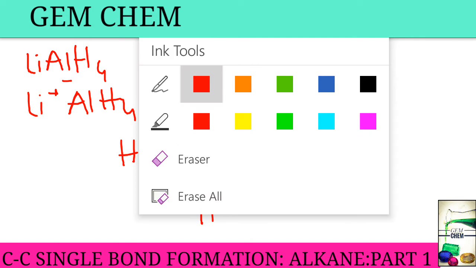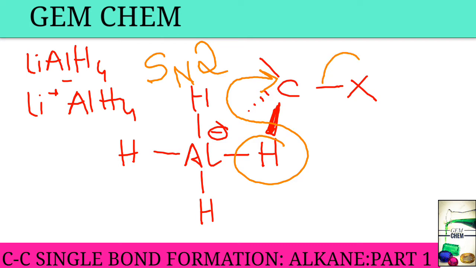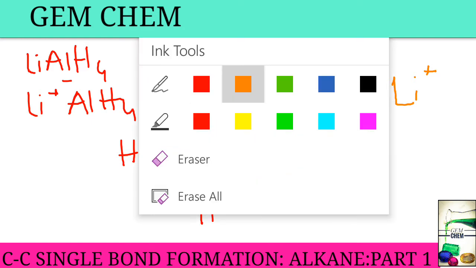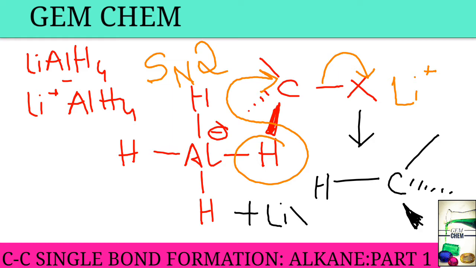Now we see that this hydride leaves and attacks the carbon from the back side. This is an SN2 attack. Now this X leaves and goes to lithium plus. So we obtain the product with an inversion of configuration, as it is an SN2 attack, and lithium halide plus AlH3.